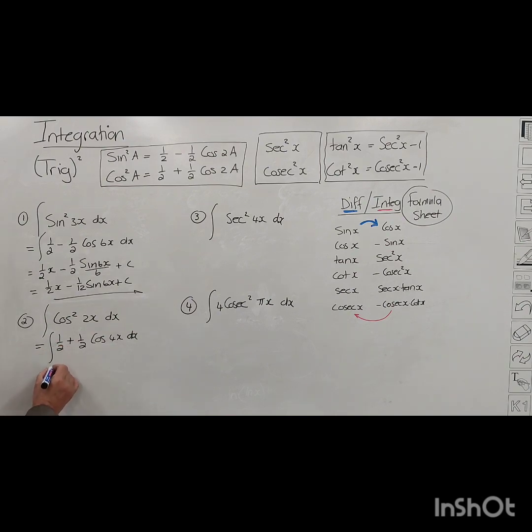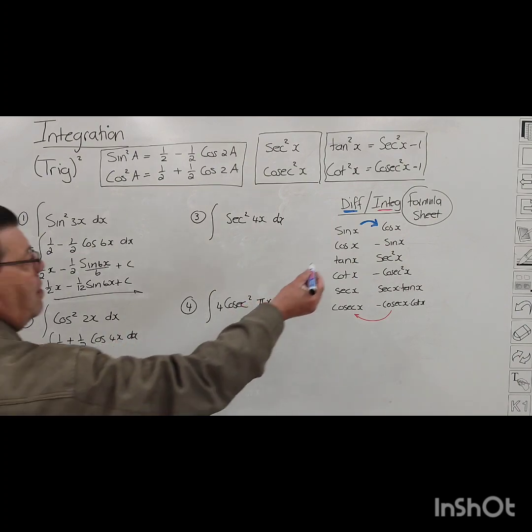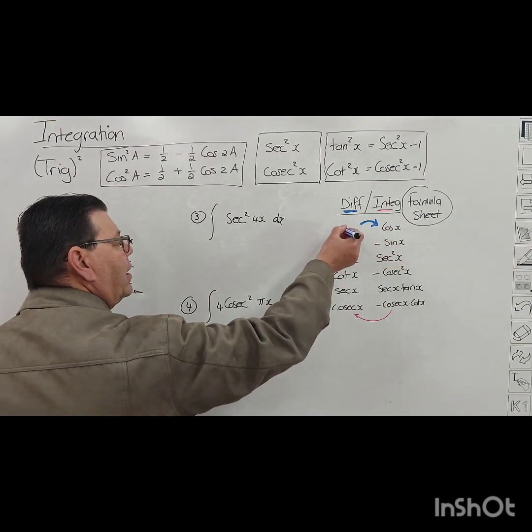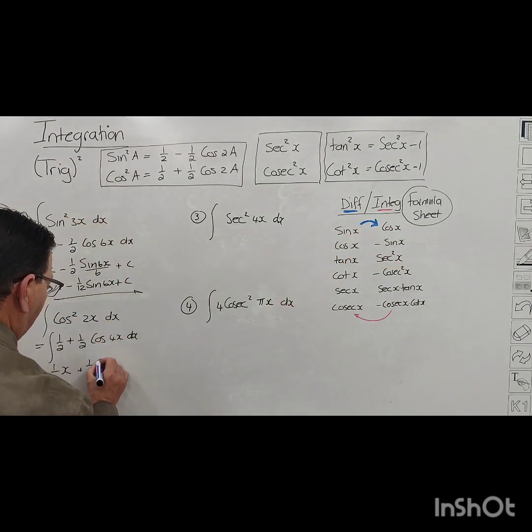If I integrate a half, it will just gain a x. So this is x to the 0 plus 1 divided by 0 plus 1, which will just give me a x. Plus, I have the number in front. Cos integrated this way will become the sine of 4x.